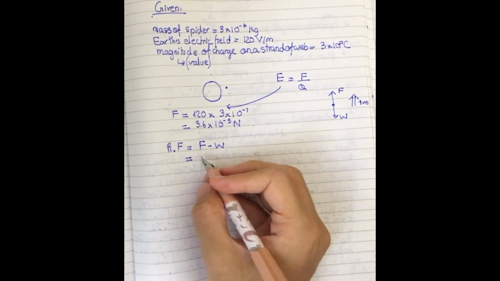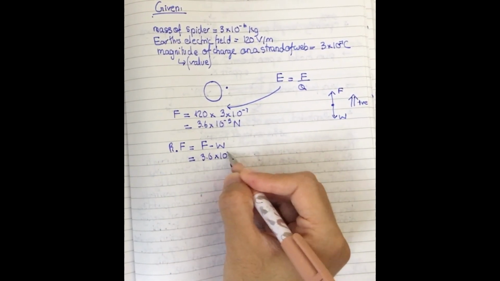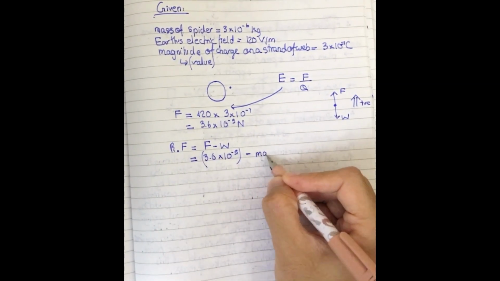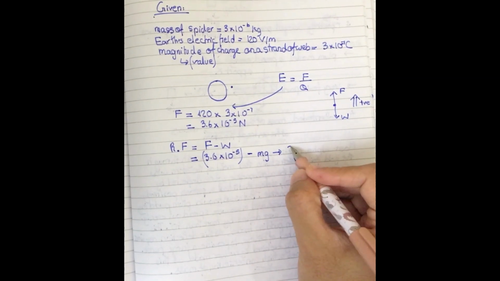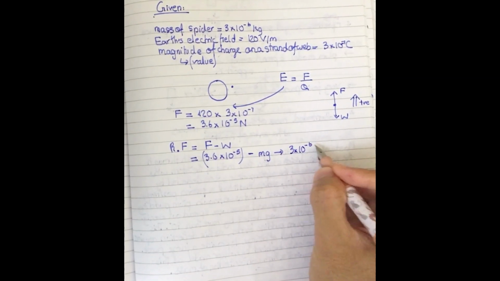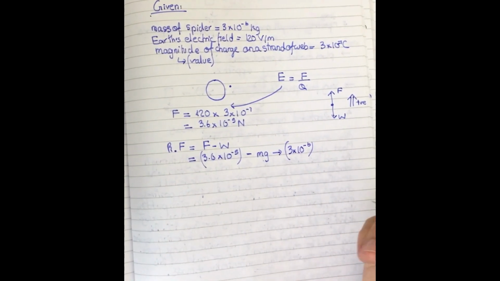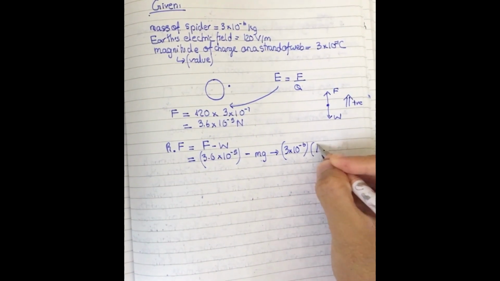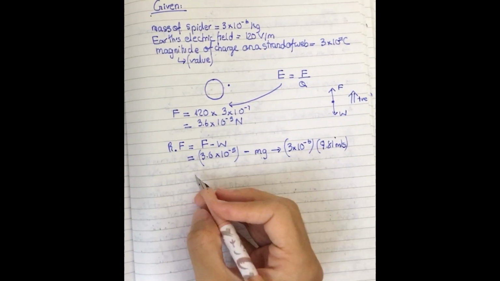So my force is 3.6 as we have calculated right here. And my weight is mg, which is the mass of the spider, 3 times 10 raised to power minus 6, and we know the gravity that has been given at the end of your exam paper, which is 9.81 meter per second squared.